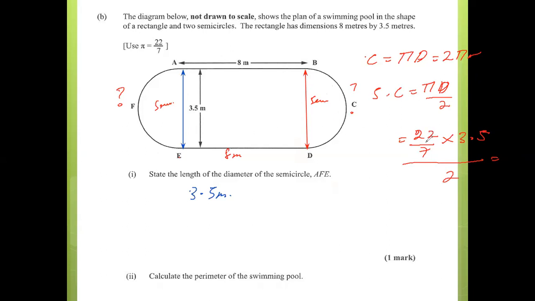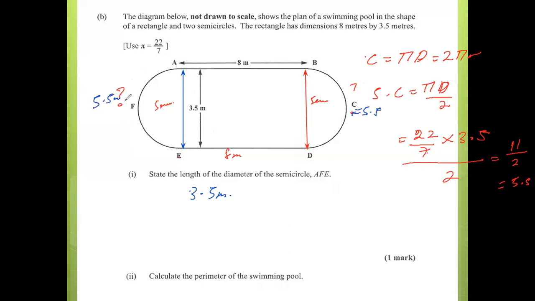What is 22 over 7 times 3.5? 11. So you get 11 divided by 2, which gives me 5.5. So what it means is this: the distance from D to C to E, all this side, is 5.5 meters. And here also going to be 5.5 meters.